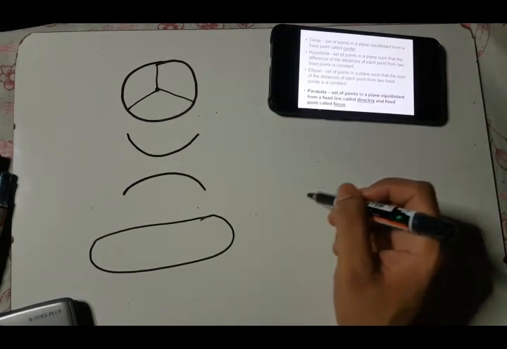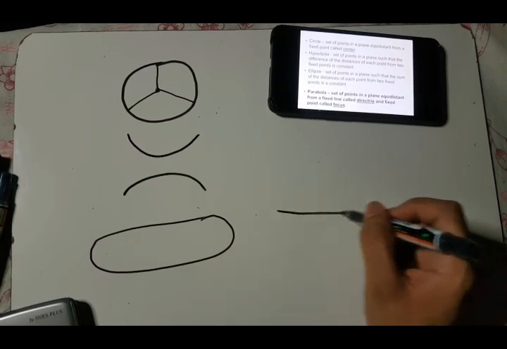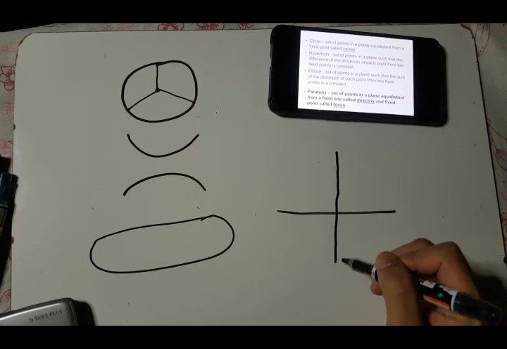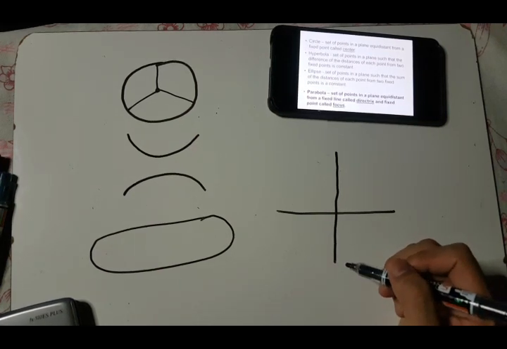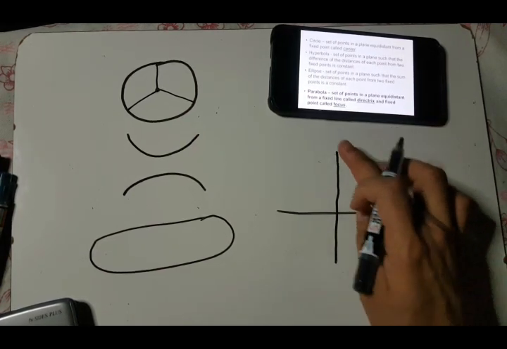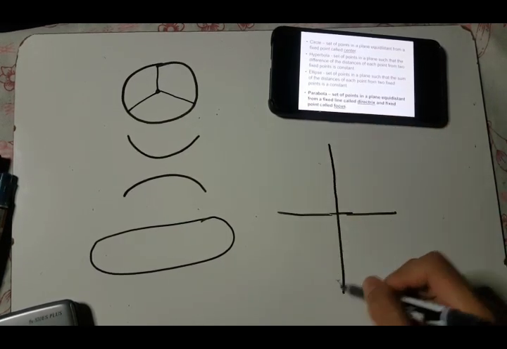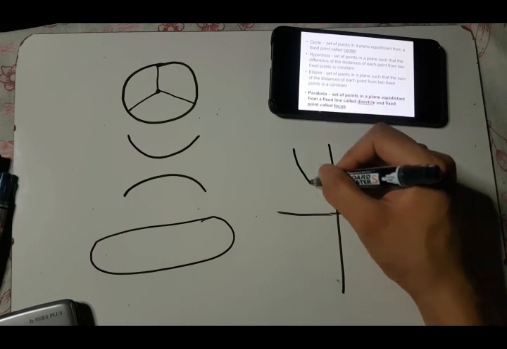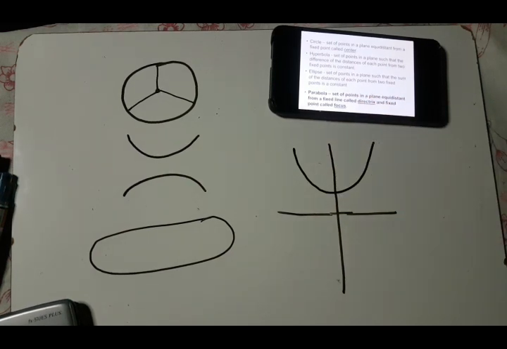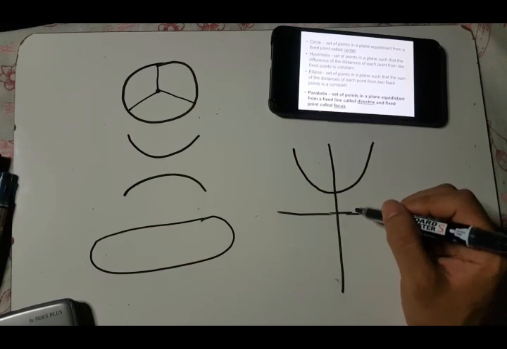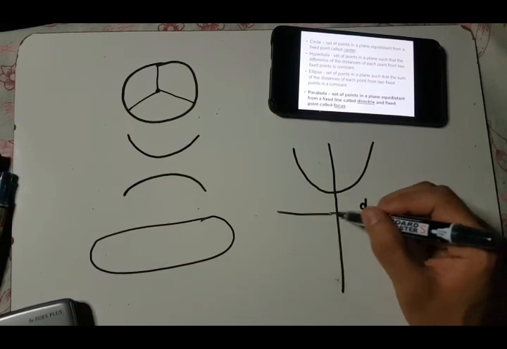So, si parabola, set of points in a plane equidistant from a fixed line called directrix and fixed point called focus. So, ulitin natin siya. Ayan. So, kung ito yung ating parabola, sabi, set of points in a plane equidistant from a fixed line which is the directrix. So, ito yung ating directrix.